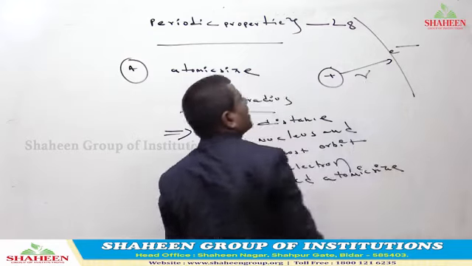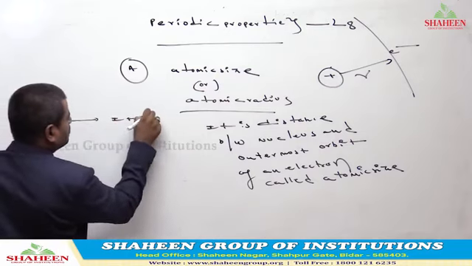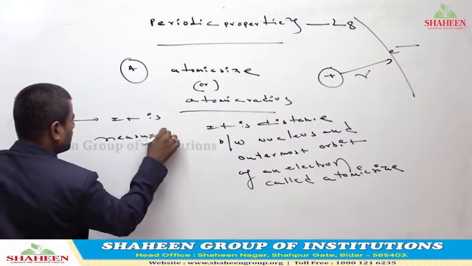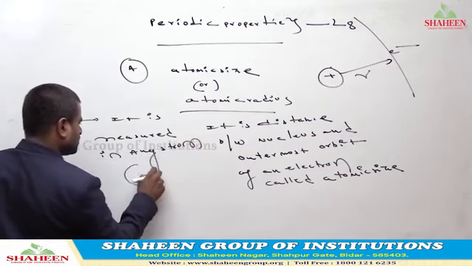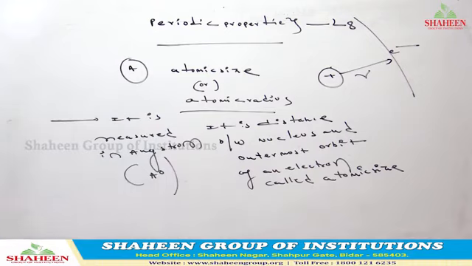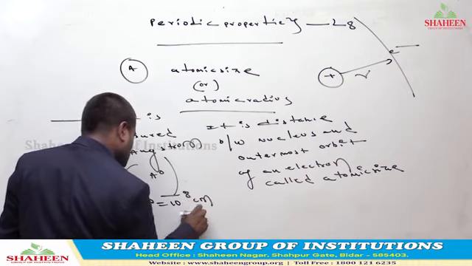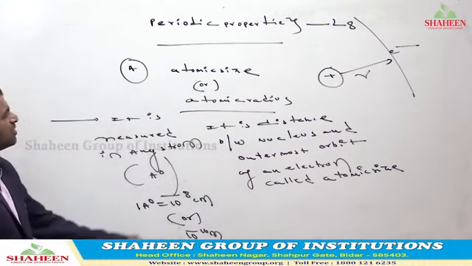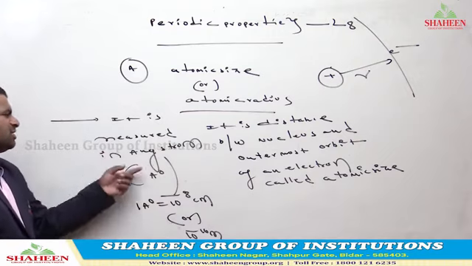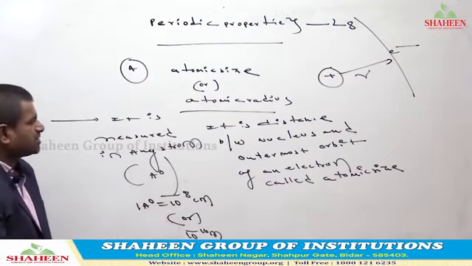It is called atomic radius, R. Generally, atomic radius is measured in angstrom. 1 angstrom equals 10 to the power of minus 8 centimeters or 10 to the power of minus 10 meters.